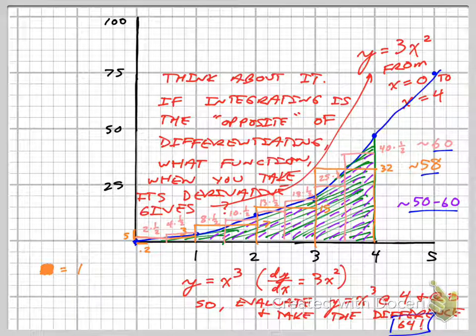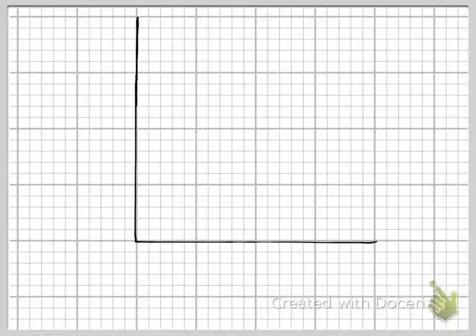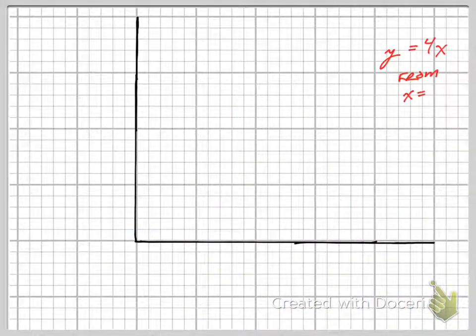And so what I'd like for you to do now on your own is do what I just did with this one for the following functions. I want you to graph and evaluate a function y equals 4x, but I want you to consider the boundaries from 3 to 6. And I want you to do it both ways.